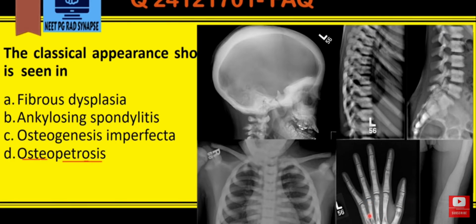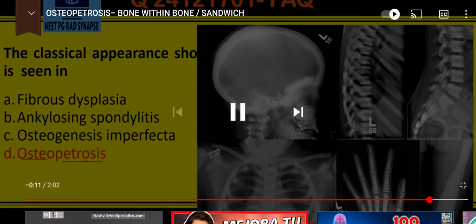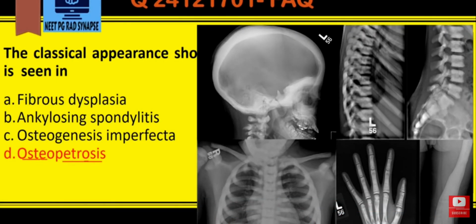And we see bone within bone appearance here, and there is metaphyseal flaring, that is called Erlenmeyer Flask deformity, seen in the femur. So these are the features of osteopetrosis, which is also called Albers-Schönberg disease or marble bone disease.